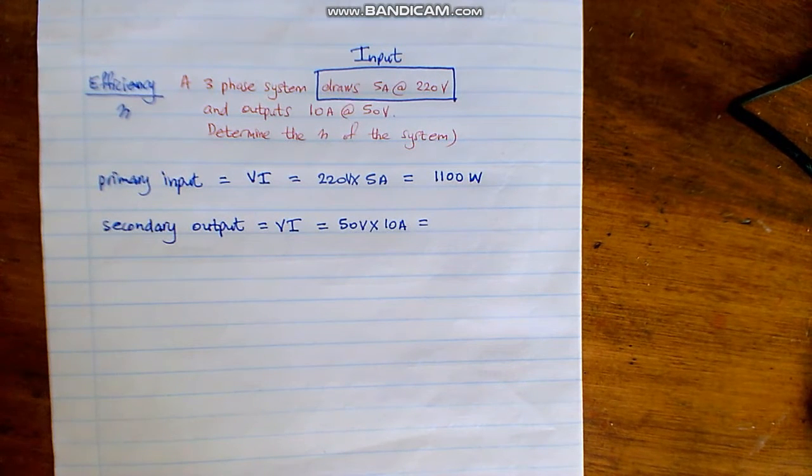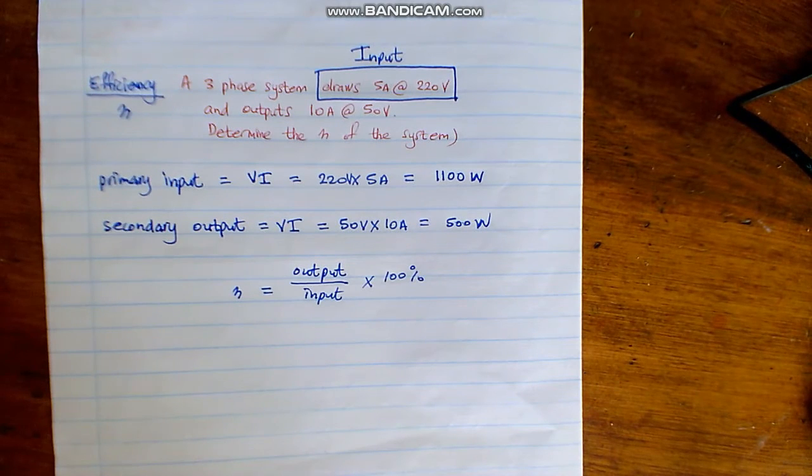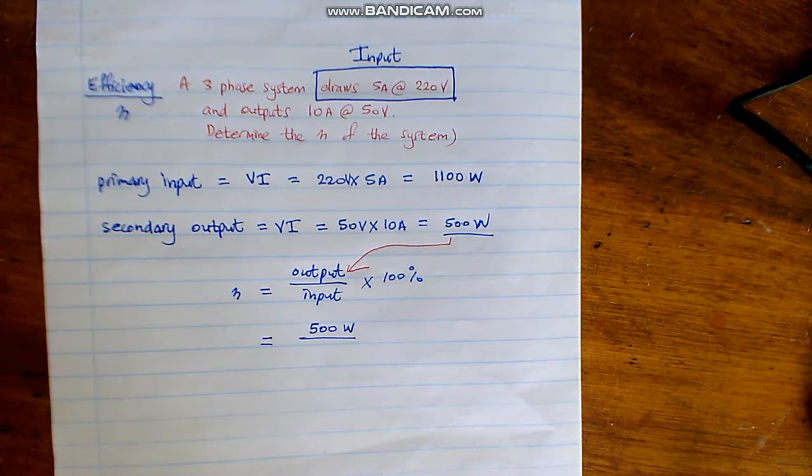Efficiency is output over input times 100%. Our output is calculated above, we'll substitute it. And our input calculated above, we'll substitute and get a final answer, 45,45%.